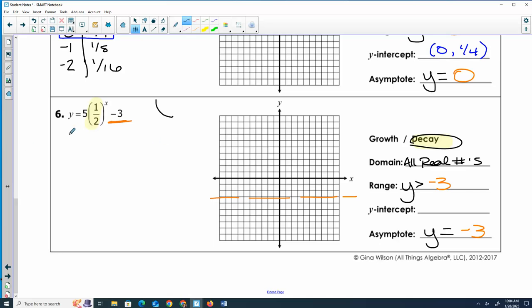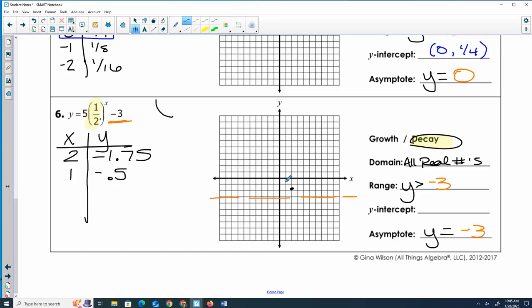So now for our t-chart. If we plug in 2, what did that give you out? -1.75, is that what you guys got? So I have go right 2, down 1.75. If I put in 1, I get -0.5 or -1/2.